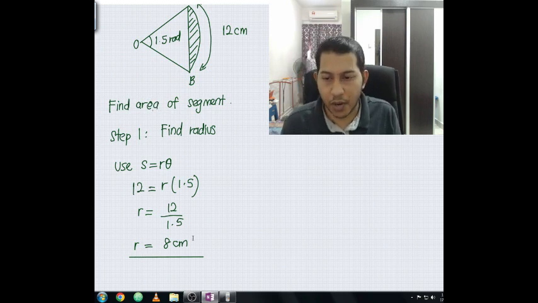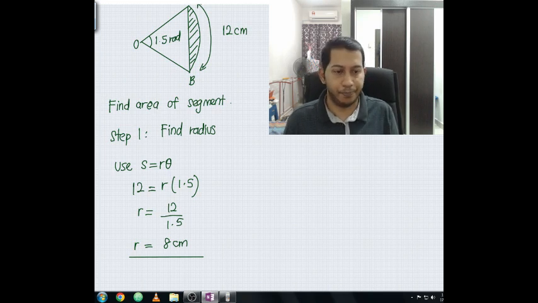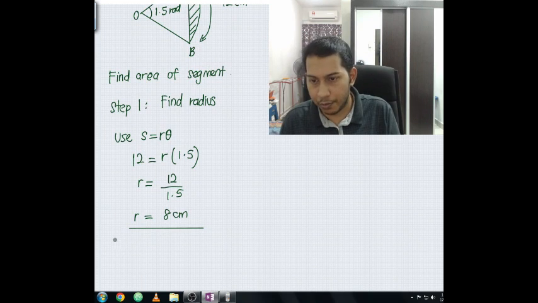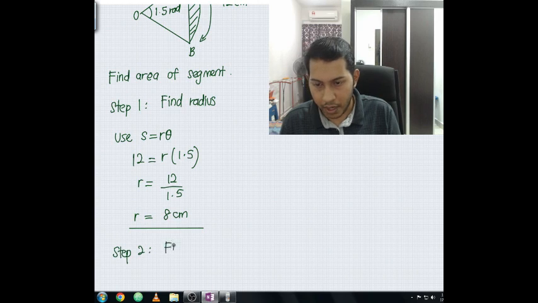Once you find the radius, now you can use the area of segment formula to find the area of segment AB. So step 2, find area of segment.